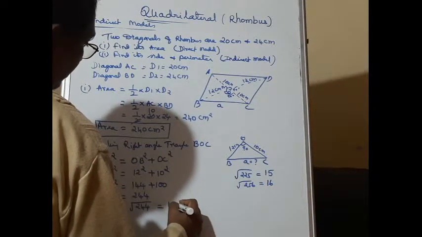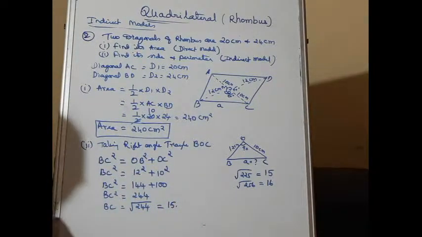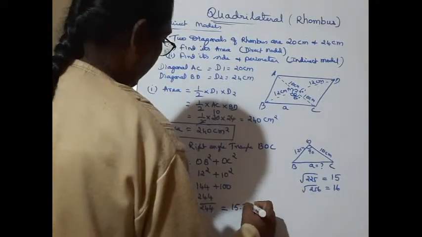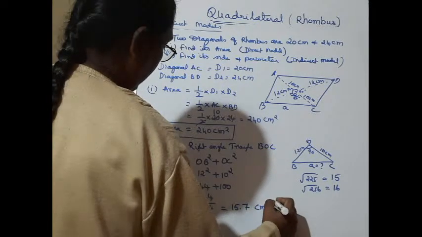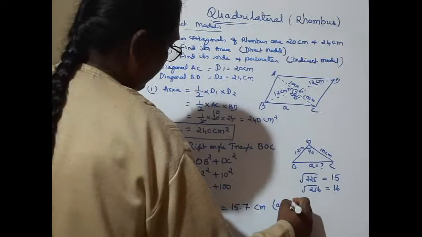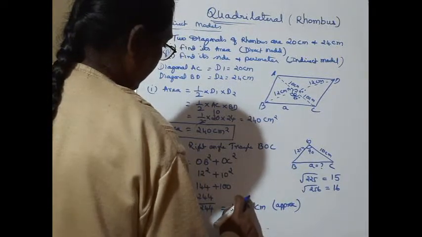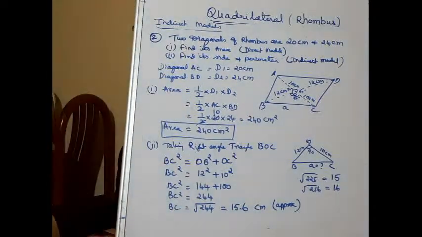It is almost near 256, so put 15.6 or 15.7. You can put any number approximately, and in bracket you put approximately. 15.6 is easy. So you must know the roots.